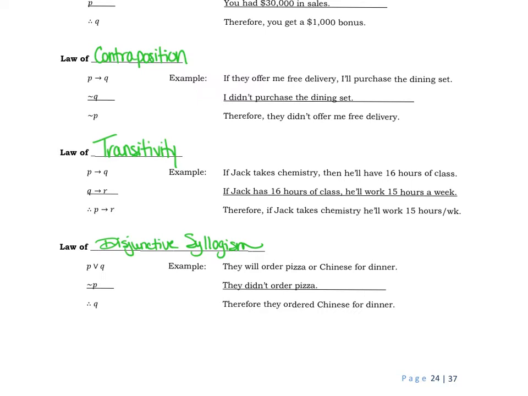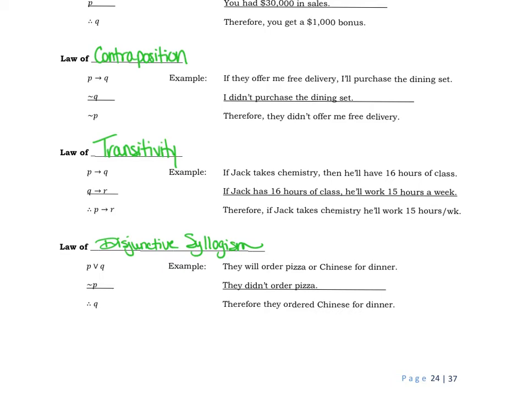Not P: they didn't order pizza. Therefore Q: they ordered Chinese. That one makes a lot of sense in terms of, no pun intended, the logic behind it. It's just learning to recognize it as the law of disjunctive syllogism.